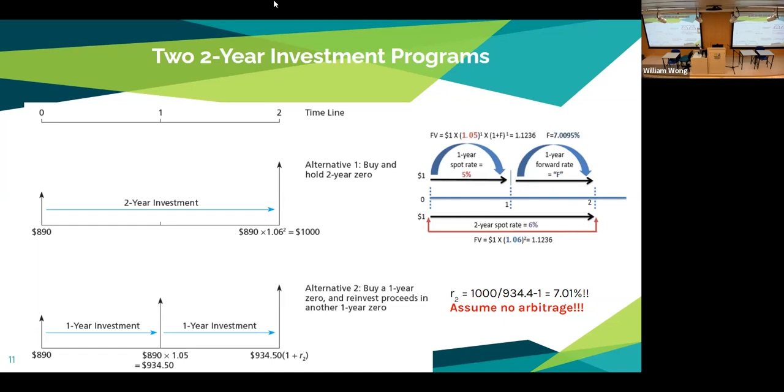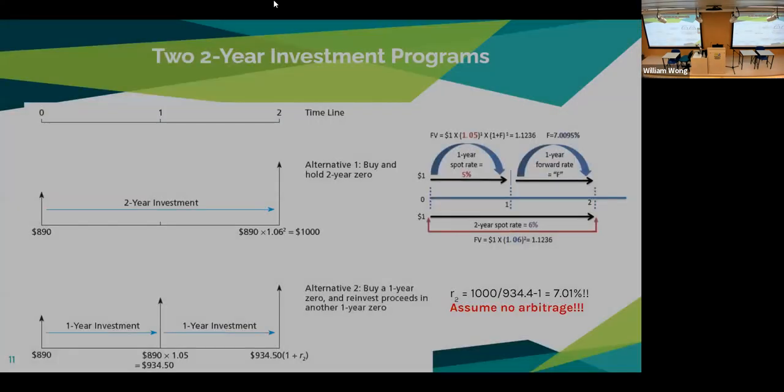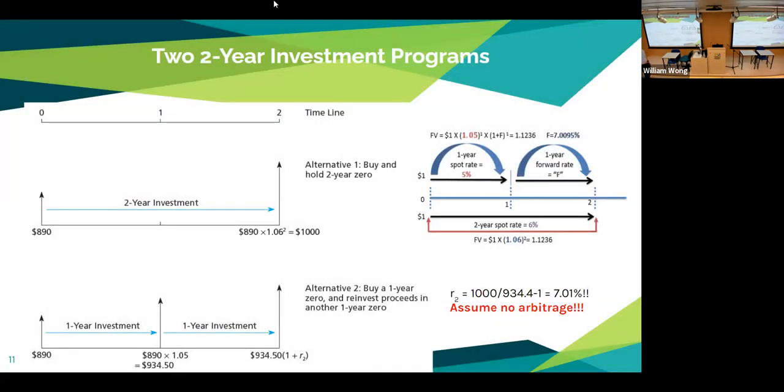So when I said 1 year forward rate, it means 1 year from now, the forward rate 1 year from now. And the short rate means different periods. So you can say that there is a relationship between the short rate and also forward rate. Yes. And also short rate, forward rate, and spot rate. There is always a relationship. It depends on how you quote the term. And again, I'm not going to trick you in the exam, but this particular chart, it looks easy.